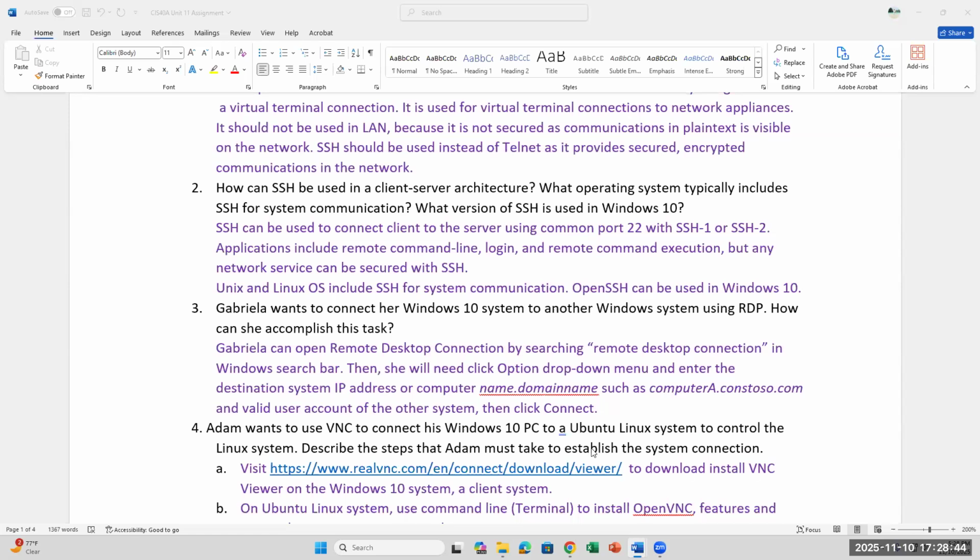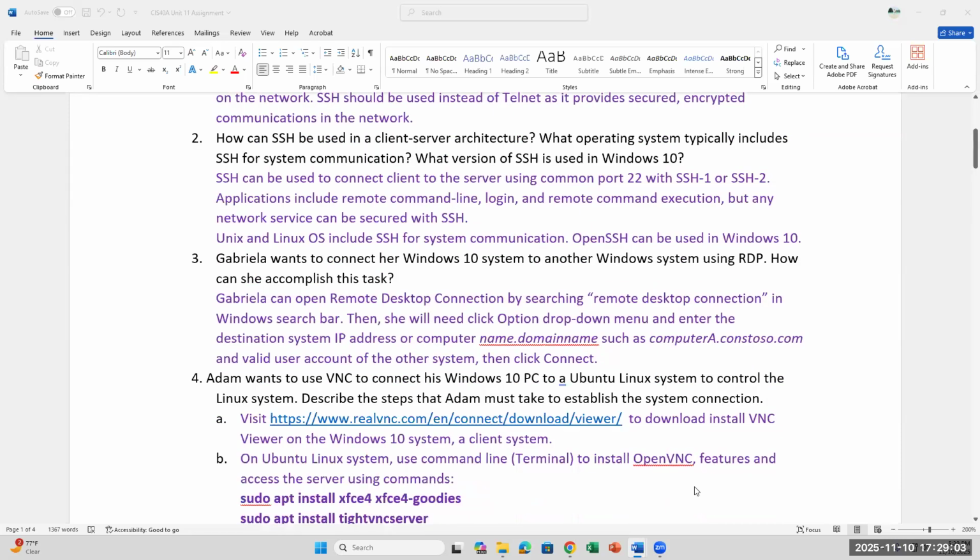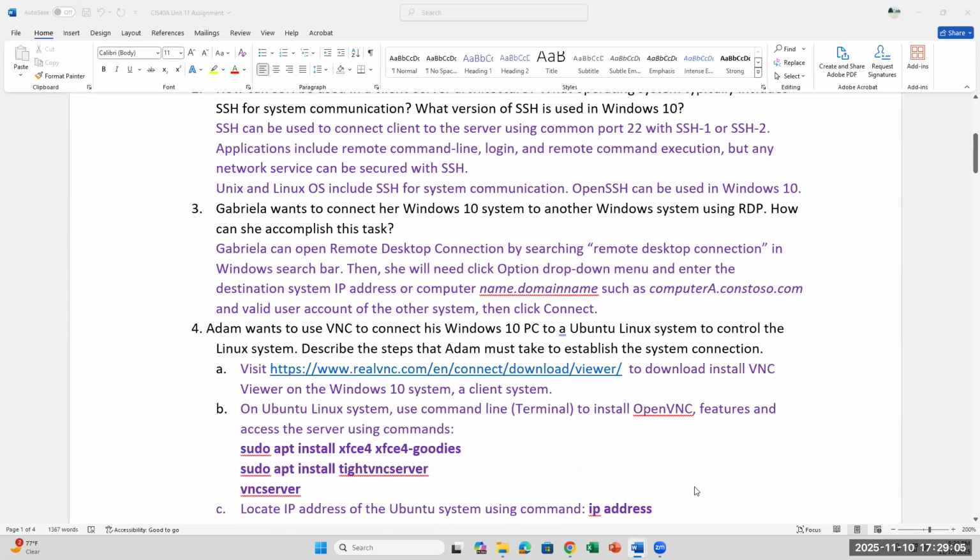So first, he needs to go to the website, and you can Google this. You can just say VNC download, and it's going to take you to Real VNC. The first hit on Google will likely be Real VNC. You need to visit the website, and you need to download and install the Real VNC viewer.